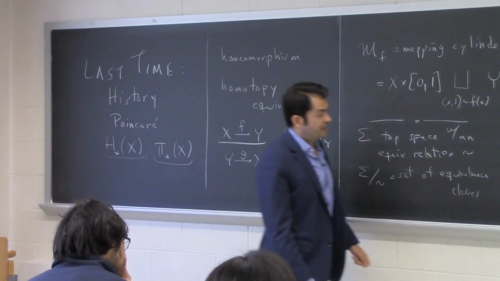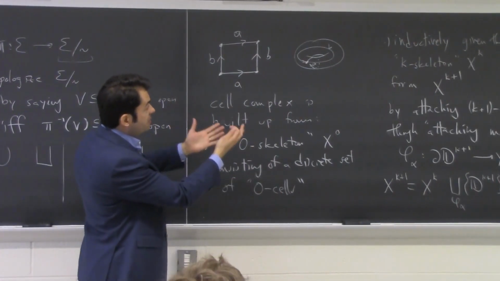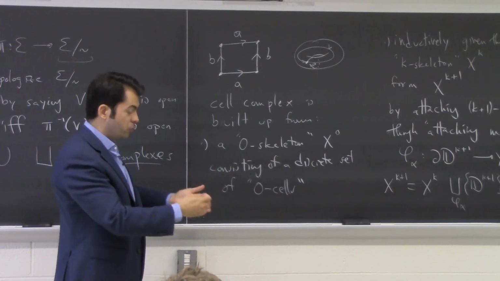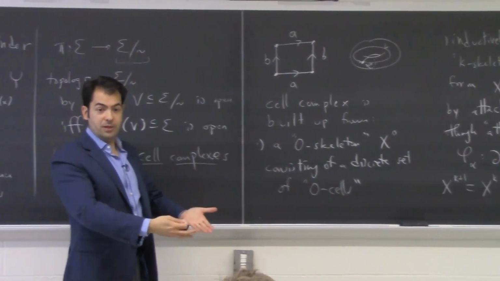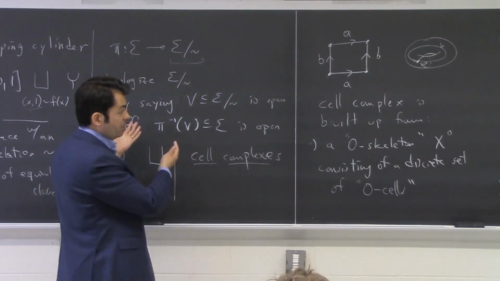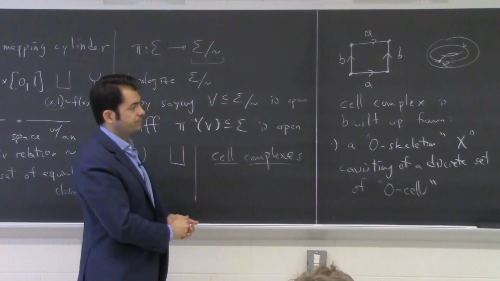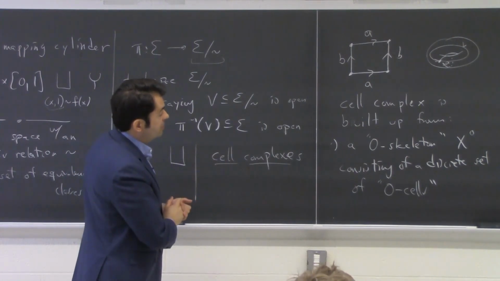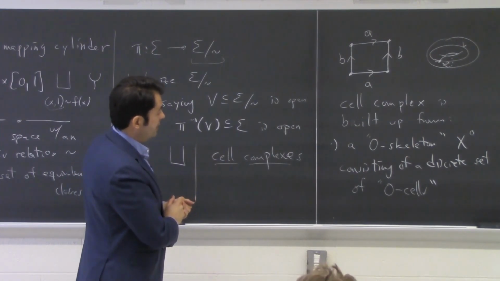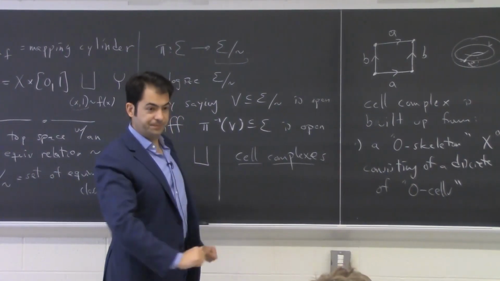Right? And really the strength is that you have this inductive construction of your space. So you can do a proof by induction if you're working with a cell complex, where if I just give you a topological space, there's nothing for you to induct over. Right? So anyway, these are very useful, especially when we get to homotopy theory as opposed to homology.